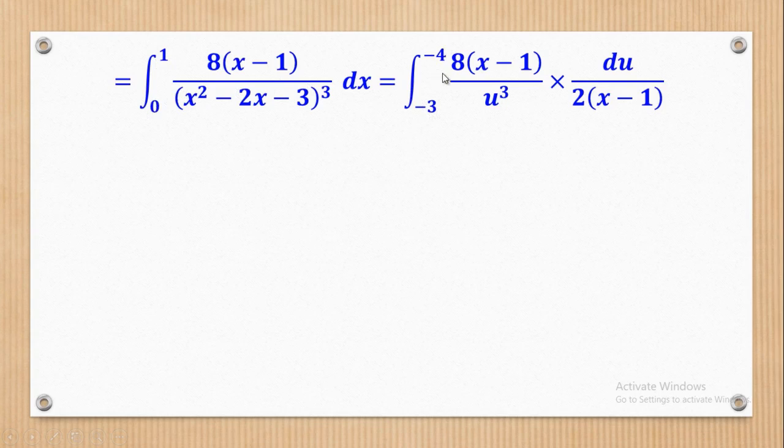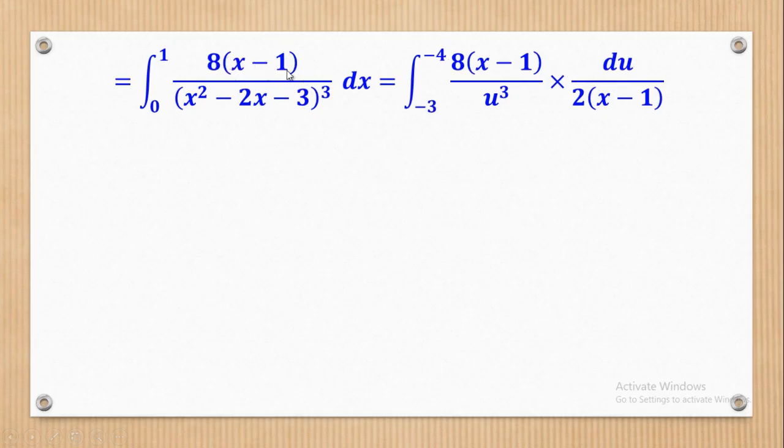That is done because now the variable with which we are integrating has changed. This was dx, implying that these values were meant to be for x, and now this is du, implying that these values must be values of u. Now this 8 is here.